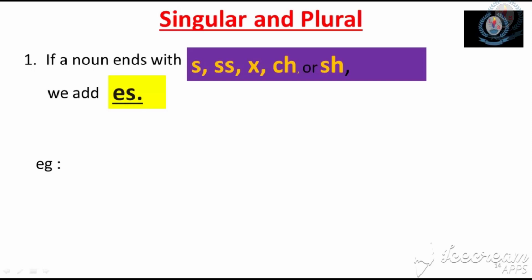Singular means one and plural means more than one. First rule, if a noun ends with s, double s, x, ch or sh, we add es at the end of the word. Let's see some examples.